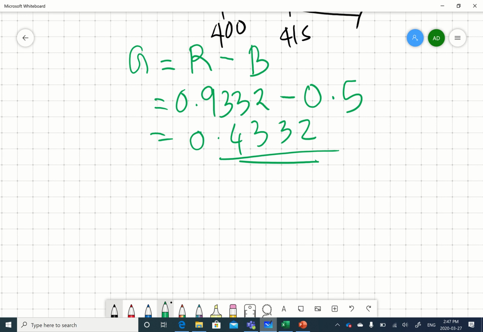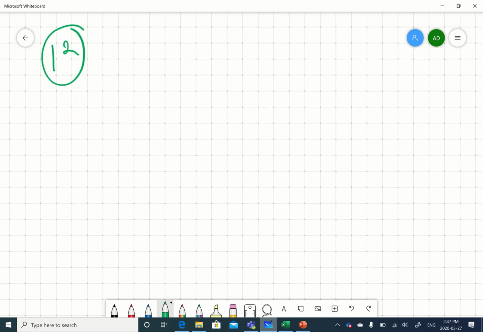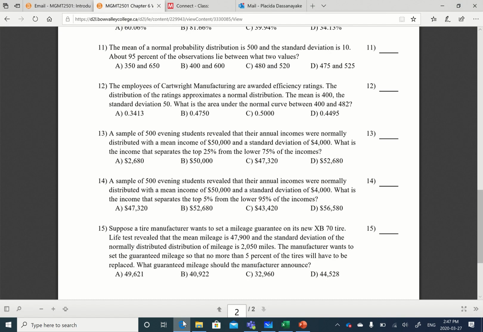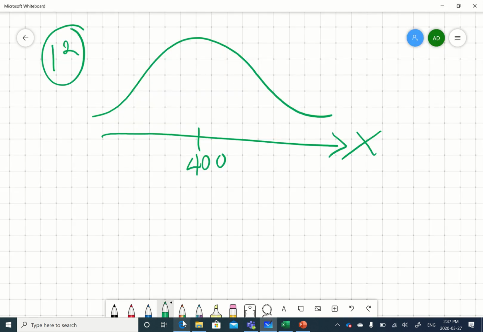So question number 12. Variable x is the ratings. It's normally distributed around 400, and standard deviation is 50. We need the area between 400 and 482.